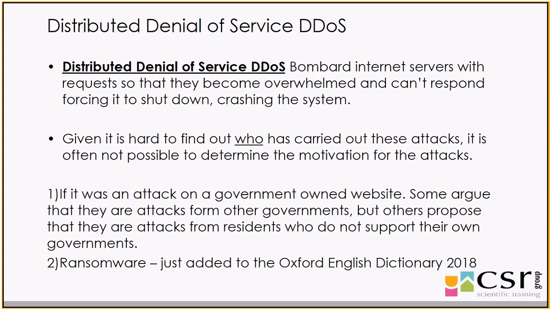Other things which happen to large organizations, particularly with commercial websites where they're making money over the internet, is distributed denial of service, or DDoS. So essentially, I guess one example would be that they can bombard a website continuously with so much traffic that it can't function anymore.